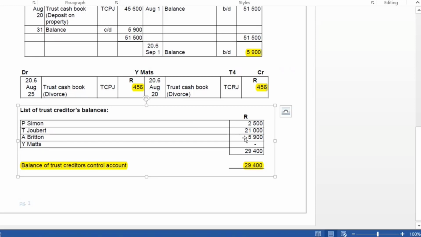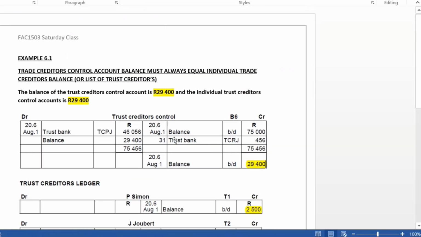A. Britain is owed 5,900. That is the balance that is left in his account. In YMATs, there is 0 owing. So in total, the list of trust creditors is 29,400, same as the trust creditors control, which is 29,400.